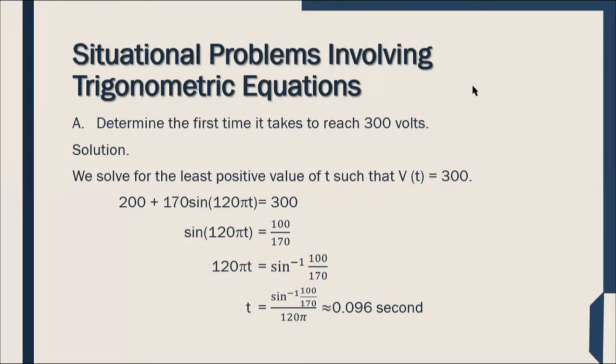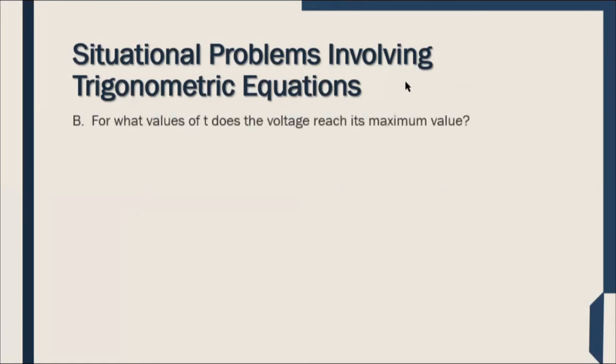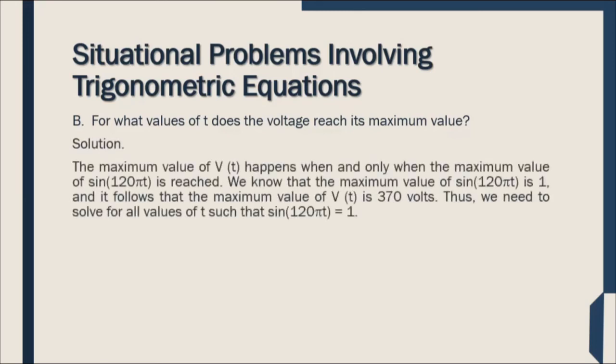Next, letter B. For what values of t does the voltage reach its maximum value? Okay, for the solution, the maximum value of V of t happens when and only when the maximum value of sine 120 pi t is reached.